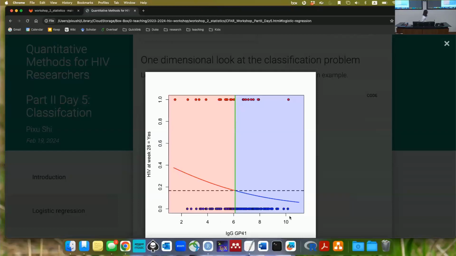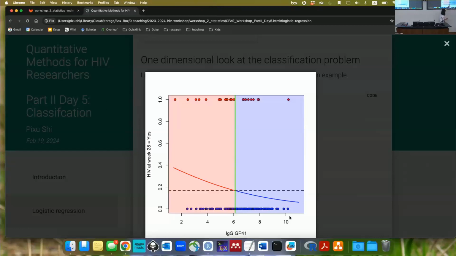And you can see that on the right-hand side, you're more likely to have the blue points on the bottom. On the right-hand side, you're more likely to have the red points on the top. So the line is characterizing this trend that you have, more points here and there. And if you want to put a cutoff that's 0.16, this line corresponds to this IgG level.